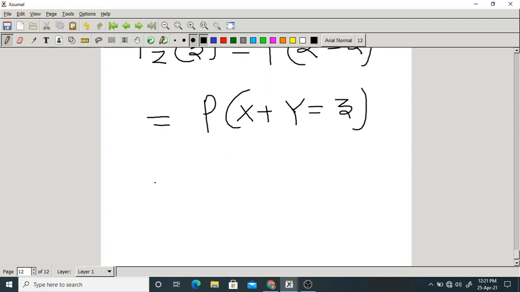Now, how to find out this? We take summation over x plus y equal to z, and we take the joint PMF.